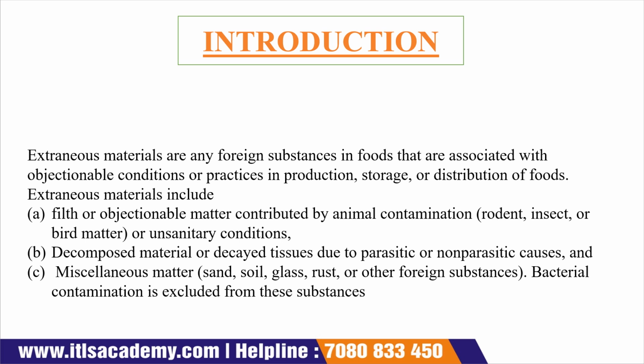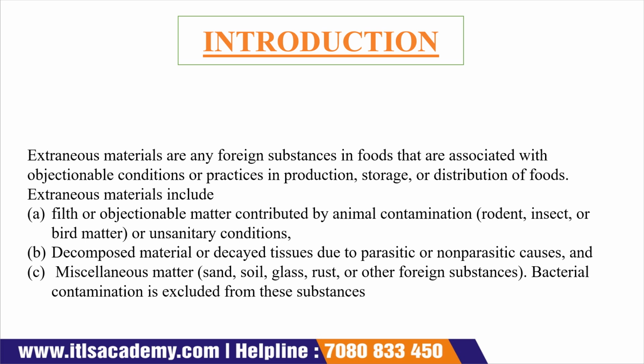Okay, so this extraneous matter is added into the food product or associated with the food product during the production, storage, or distribution of the food product, okay. This extraneous material is either animal contamination, or filth, or some objectionable matter, and sometimes it is due to unsanitary conditions, okay.